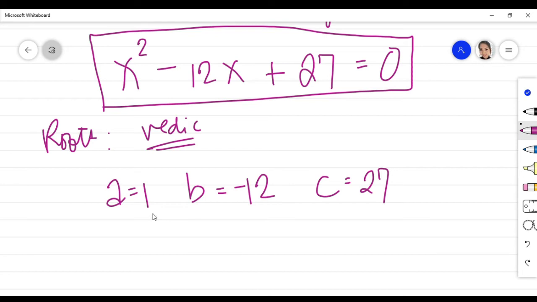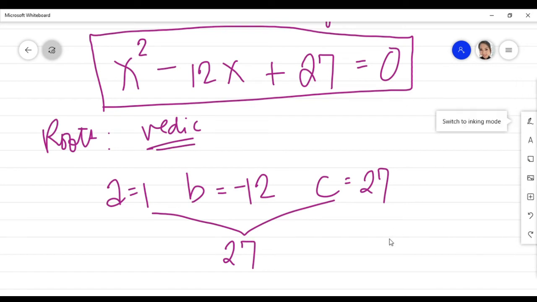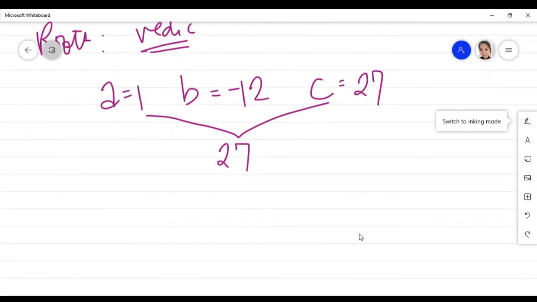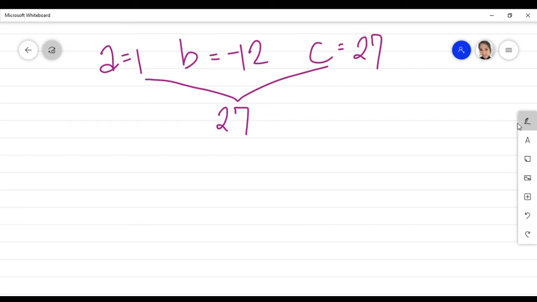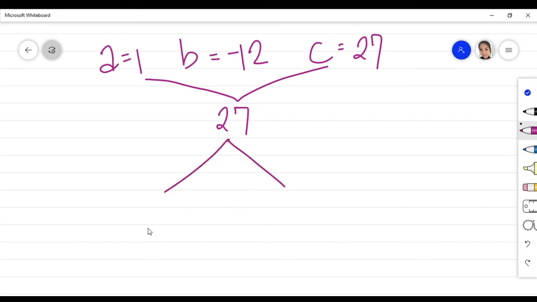So solving this one using Vedic, our A times C is positive 27, and we have to find two numbers that when multiplied is 27, but if we add them the result is negative 12, which is our B, right?